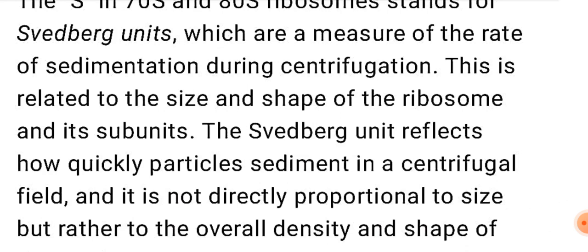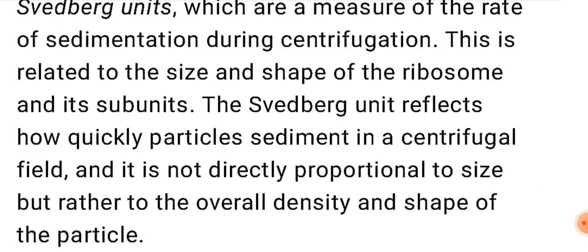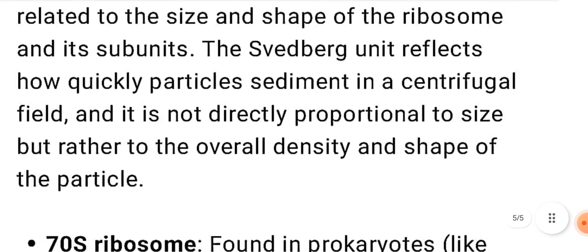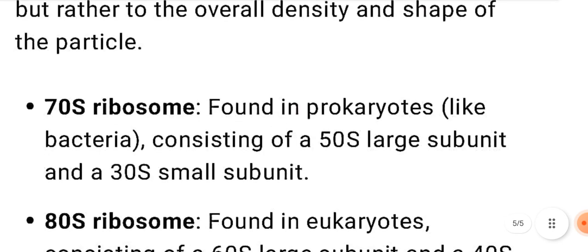So it doesn't mean that larger particles will have a greater sedimentation rate, but rather it depends on the overall density and shape of the particle, the composition, the materials present in that particle, and many more.